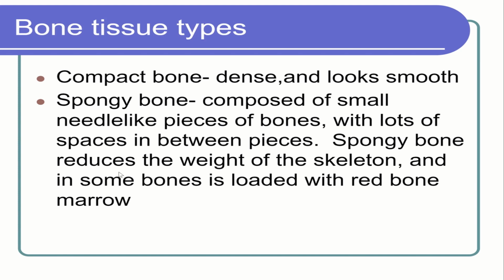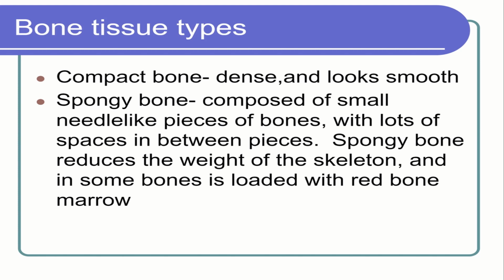There are two types of tissues in bone. We see compact bone, which is dense and has a smooth appearance, whereas spongy bone is these needle-like crisscrosses of bone tissue, and these kind of fill in the gap. Spongy bone is incredibly important because spongy bone is what reduces the weight of our skeleton.